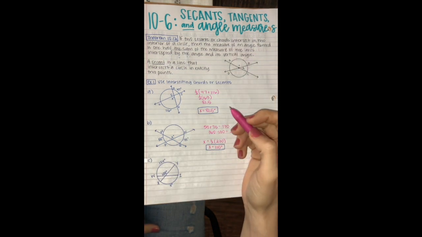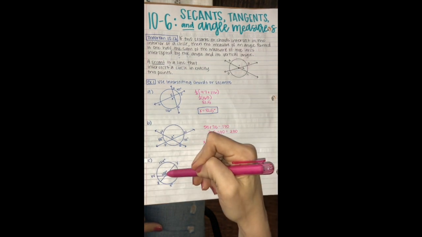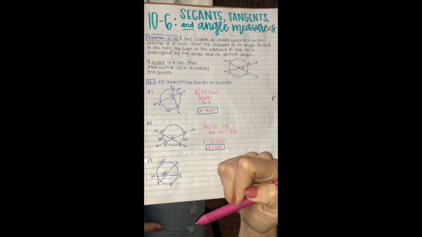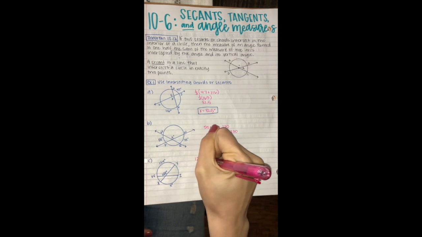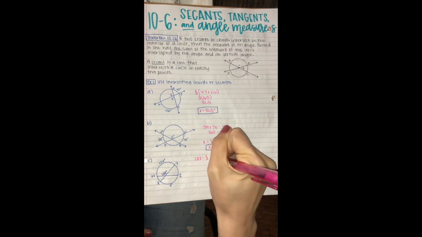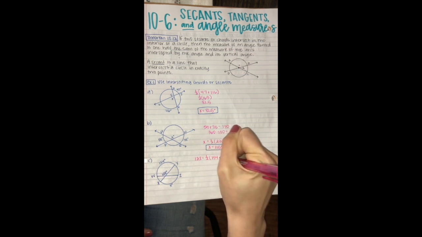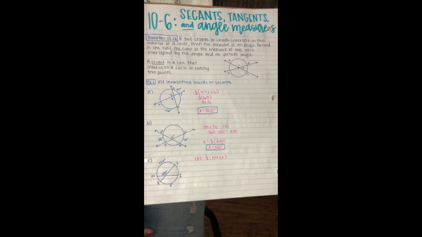And for our last example, you'll see this time, instead of the x being missing inside, it's missing on the outside. So we set this up, we just already know the answer. So we say that 128 is half of 154 plus x, because again, the rule is that you add the two arcs on the outside, and you half it to get the inside.